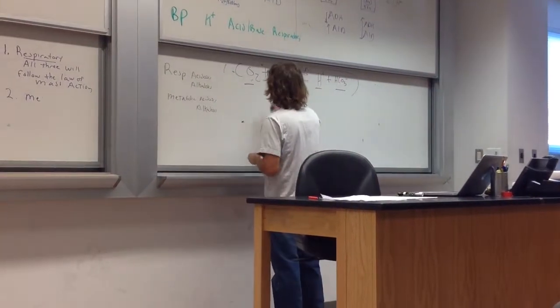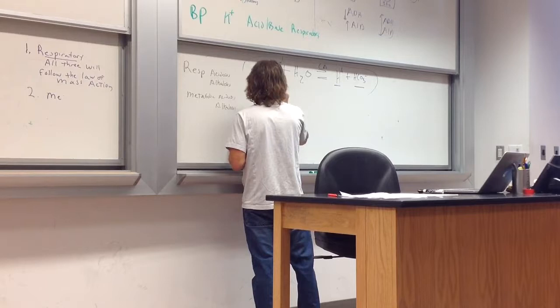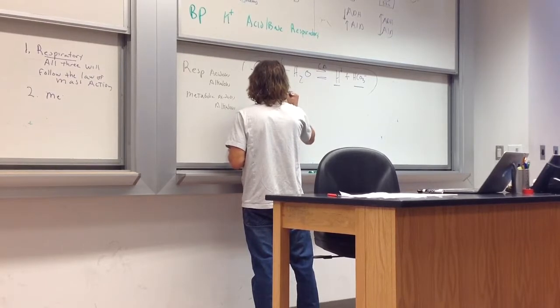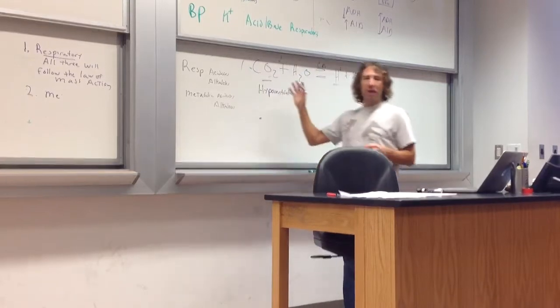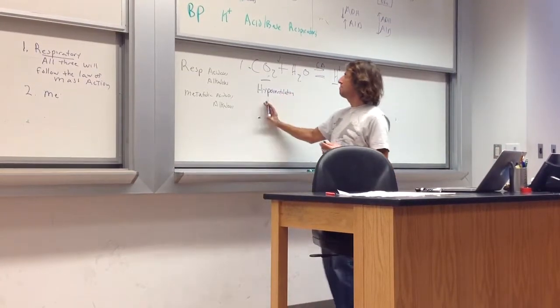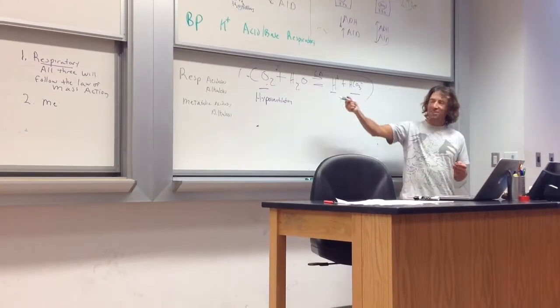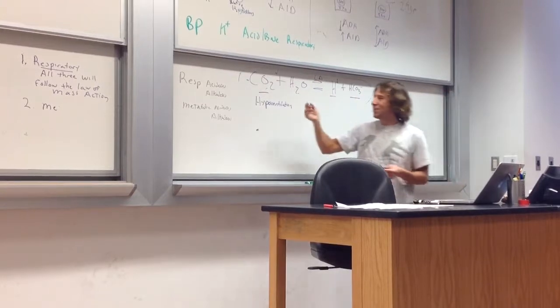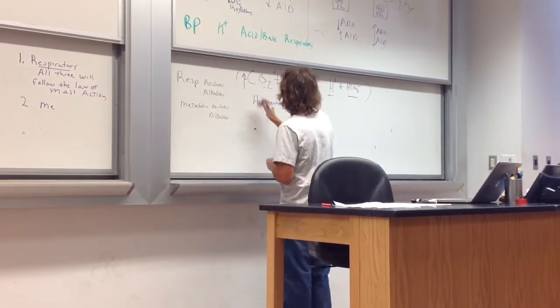So if we did hypoventilation, and we just follow like we did before, what happened? Hypoventilation caused what? What is the cause over there on that side of the equation? High CO2. High CO2 caused what?